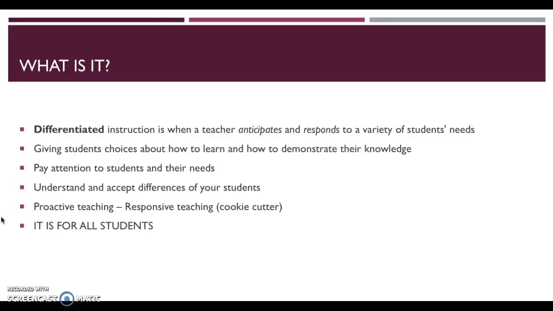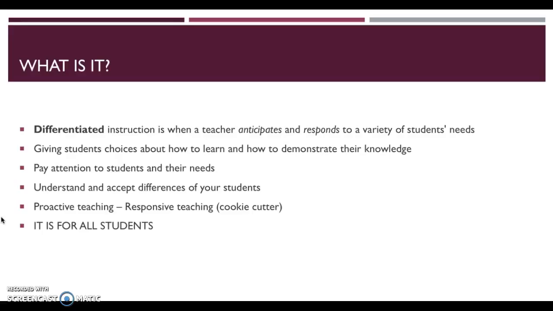So we need to be aware of students' needs, and this takes time to do. It's not going to happen on your first day in the classroom, but by working with your students and paying attention to them, we're going to be able to figure out what they need, and then we'll be able to present those things in the classroom on any given day.